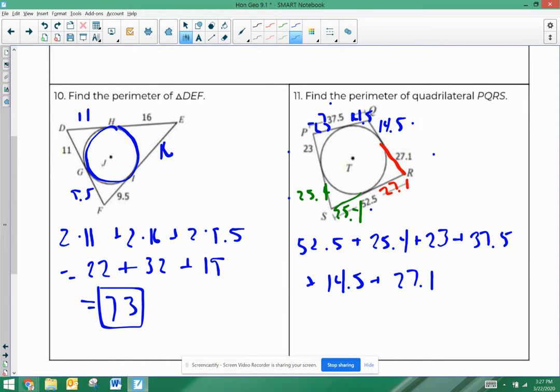Okay, so I should have gotten all the sides. I'll add that together. And I got 180. So the perimeter is 180 units. Cool.